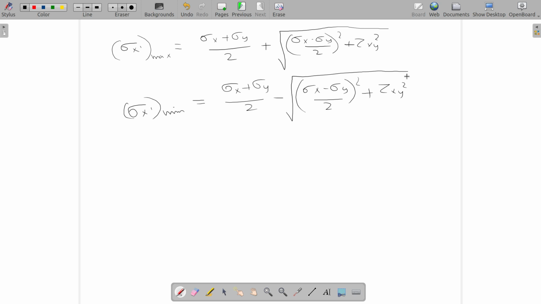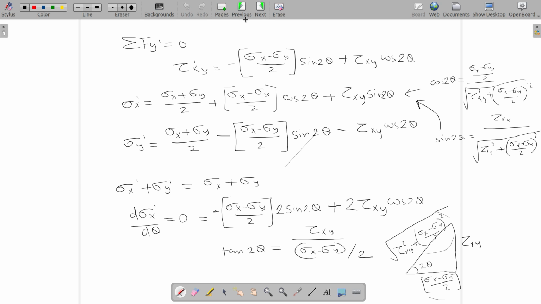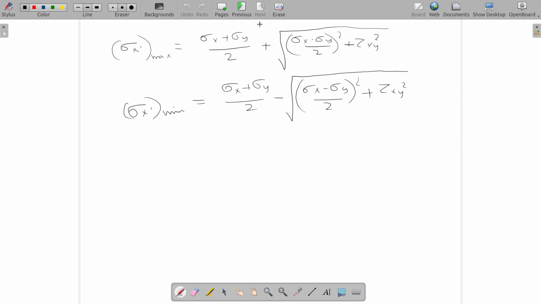Same thing can also be done for shear stresses. We have found out the maximum value of normal stress by finding the derivative and equating it to 0. The same way we can find out the maximum value of tau xy dash by finding the derivative and putting it equal to 0.